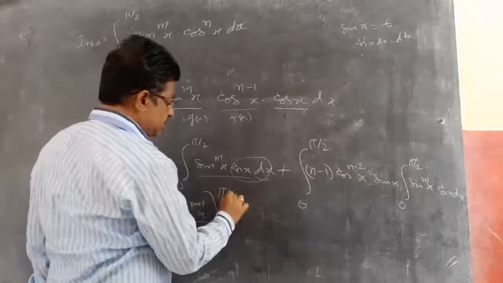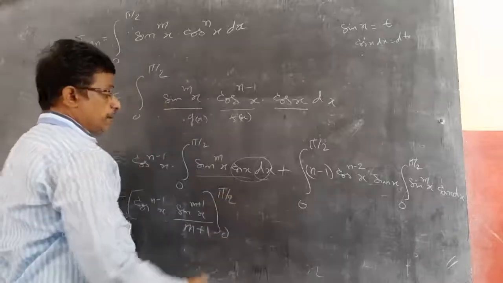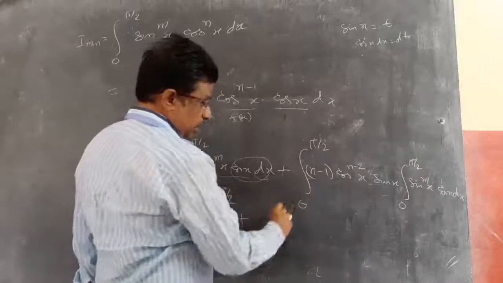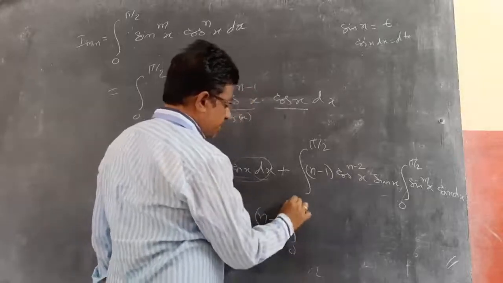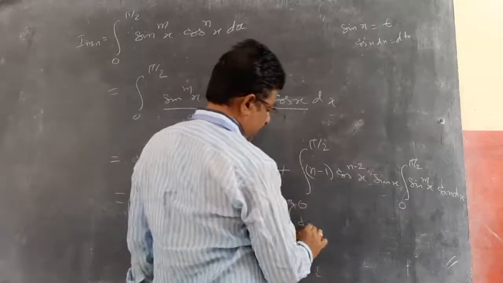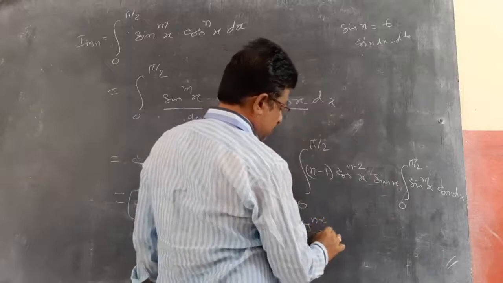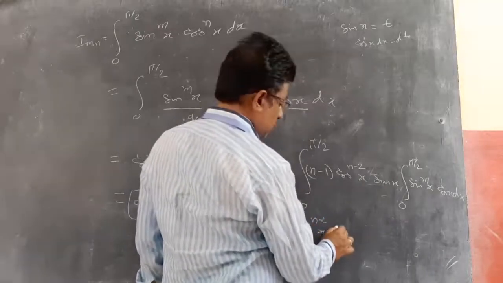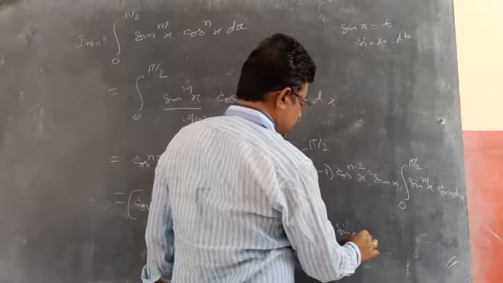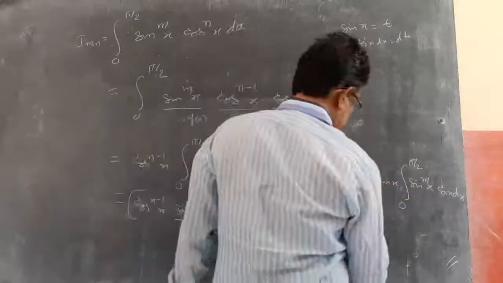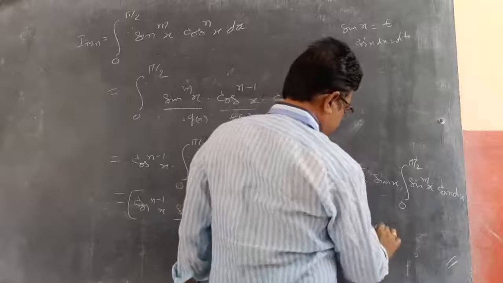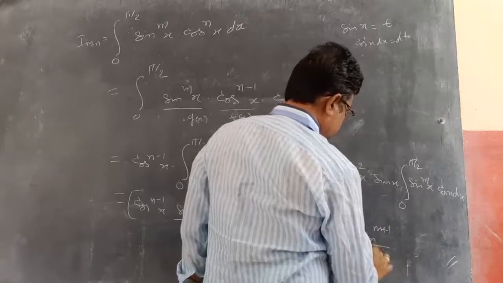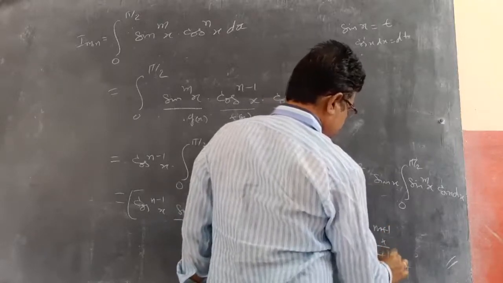Between the limits 0 to pi by 2, plus the (n-1) into the integral from 0 to pi by 2 of cos^(n-2) x into sin x, into this part, which is sin^m x integrated, meaning sin^(m+1) x by m+1.